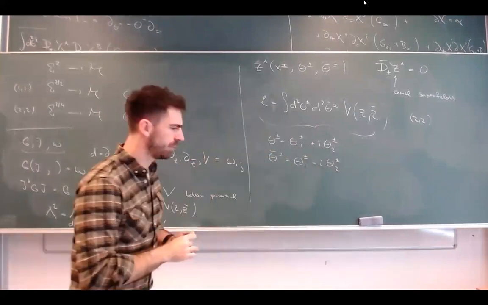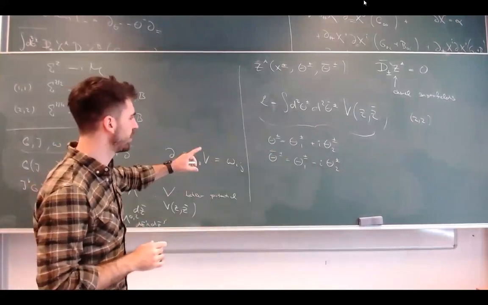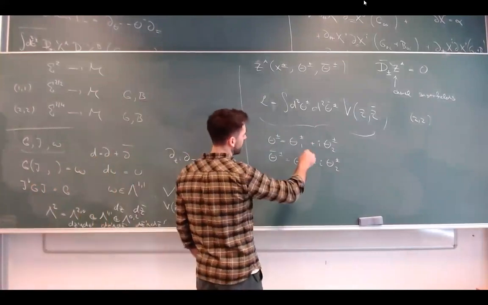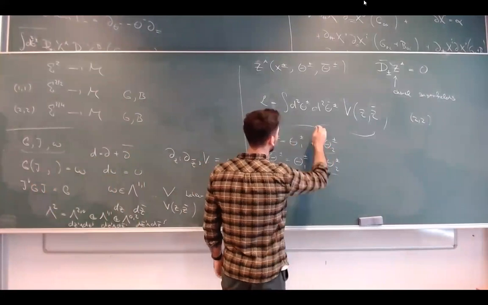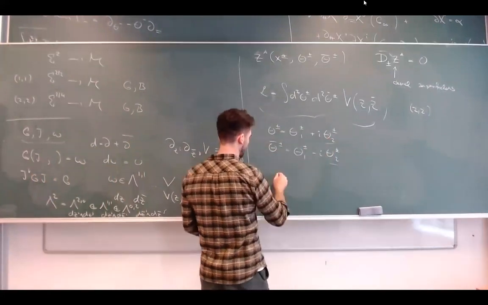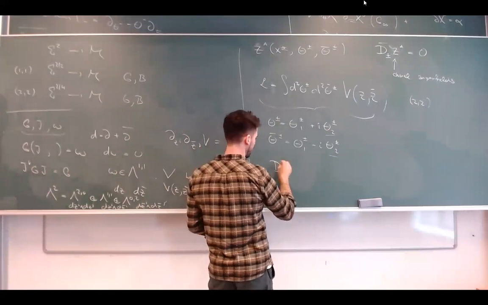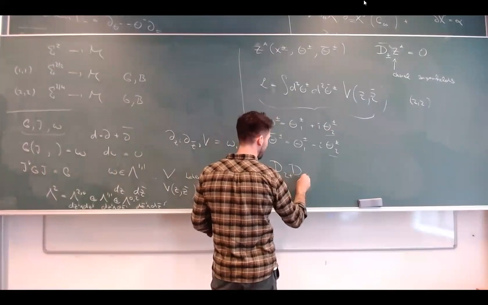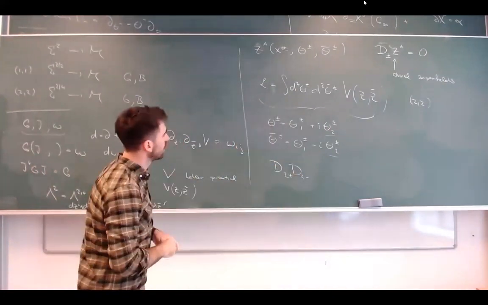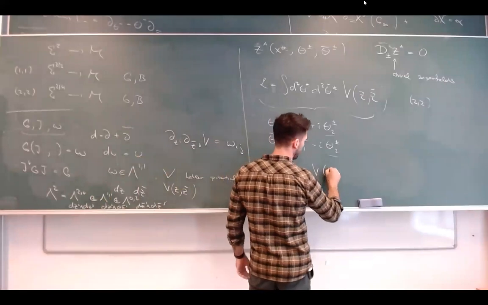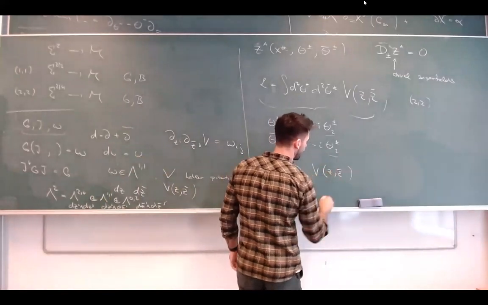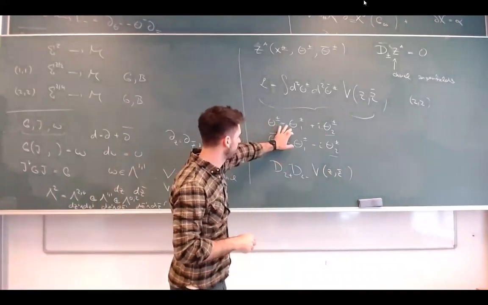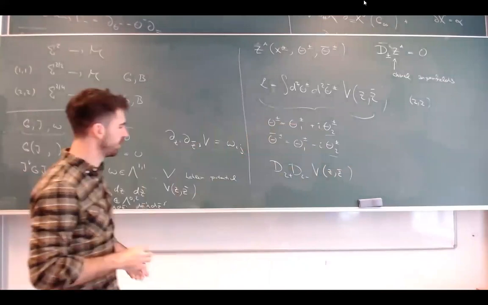I can split my fermionic coordinates into real and imaginary parts, and I can integrate out these theta 2 guys, meaning that I hit this Lagrangian with the D plus, and I think this way I will eliminate these two and keep just theta 1 plus minus in the picture.